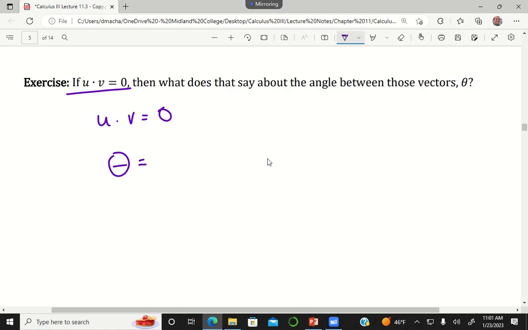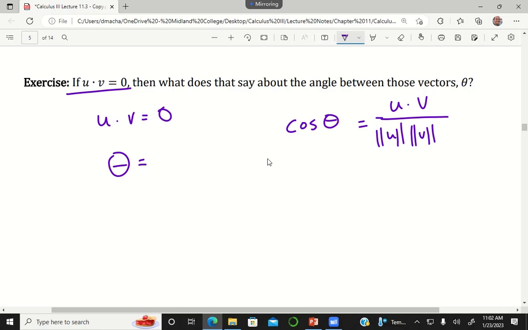No, I don't think so. You're close though. The formula that we have memorized, the formula from Thursday, I think, was cosine of theta is equal to u dot v over u norm v norm.